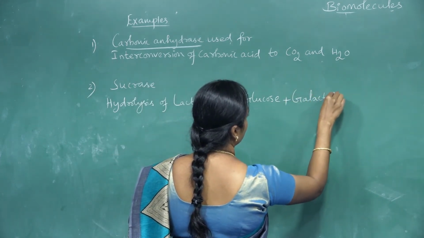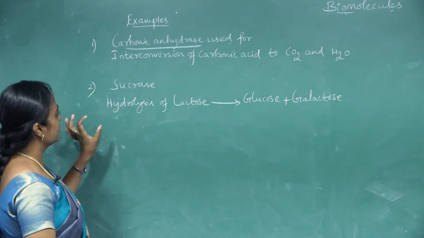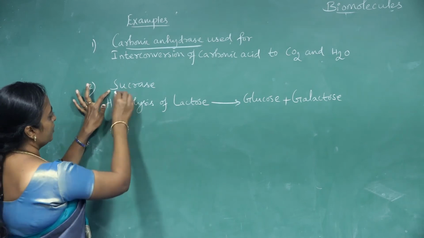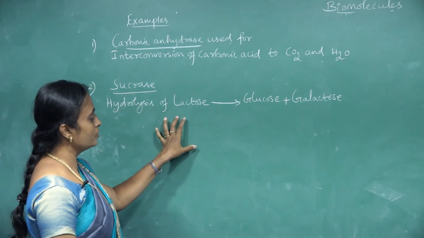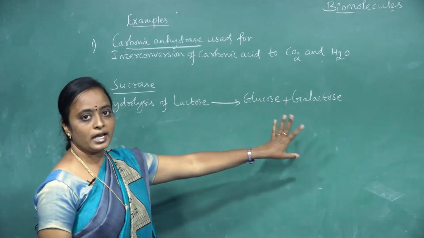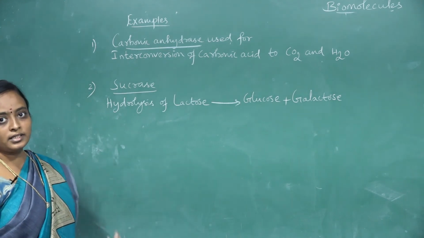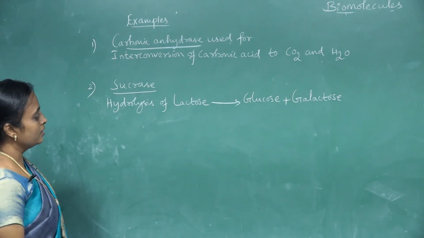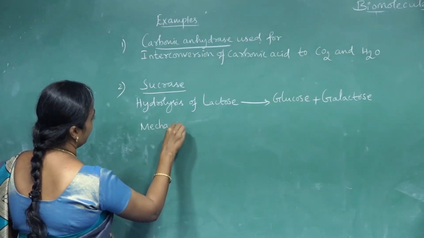Glucose and galactose both have the same formula, C6H12O6. The enzyme brings about the hydrolysis of lactose to glucose and galactose. These are two examples of enzyme catalyzed reactions. And next we can see the mechanism of an enzyme.